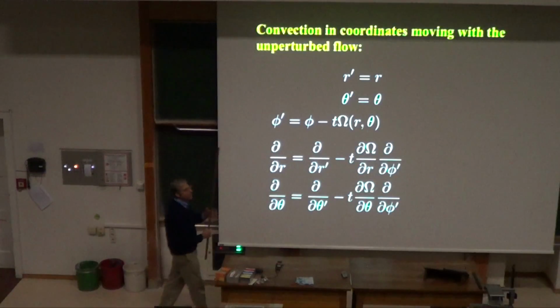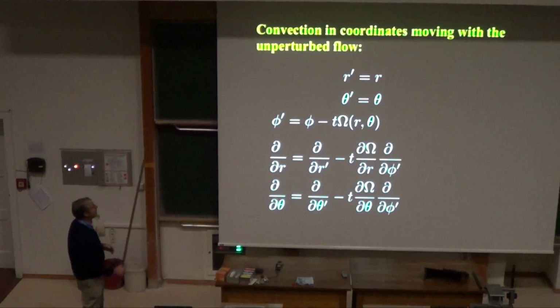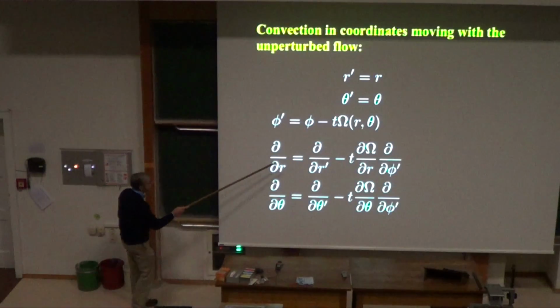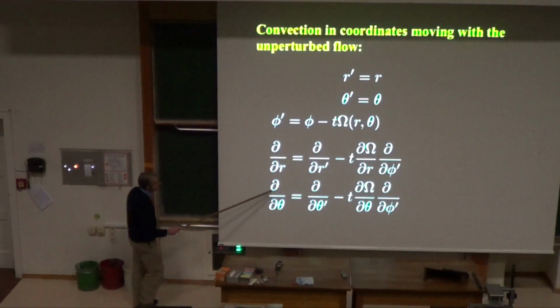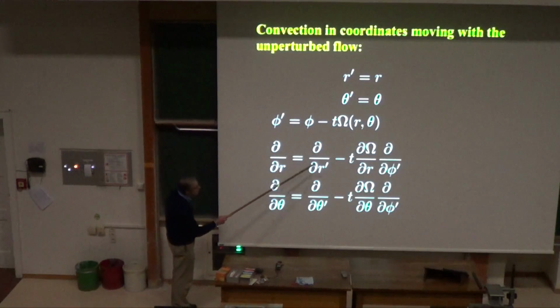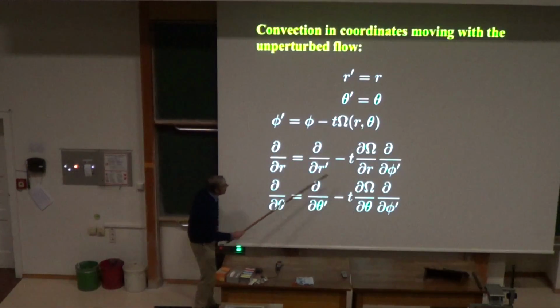If I go into coordinates which are actually shearing with the background flow, then what I find is when I express my gradients in terms of these Lagrangian coordinates, which are tied into the shearing background, they acquire this dependence on time.